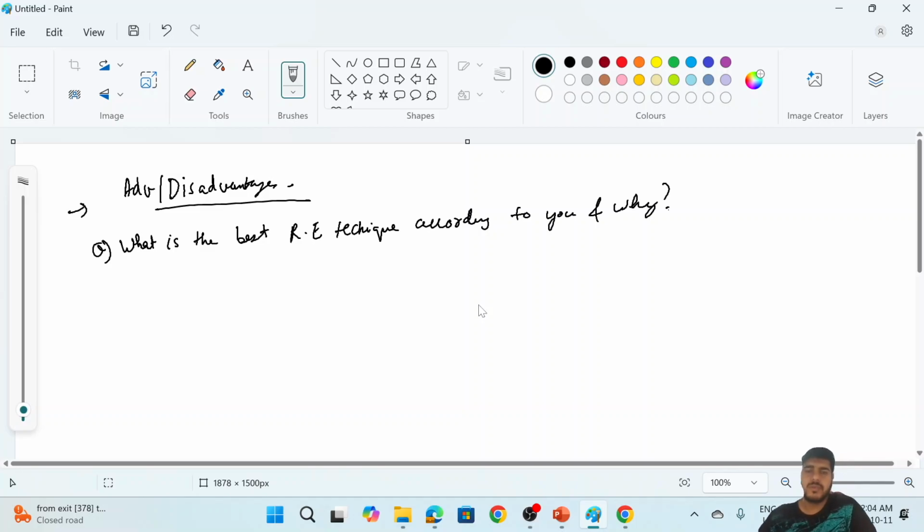This is just one sample question. There could be various questions like this. So understanding the best requirement elicitation technique, not just for the interview, will also help you in an actual job.